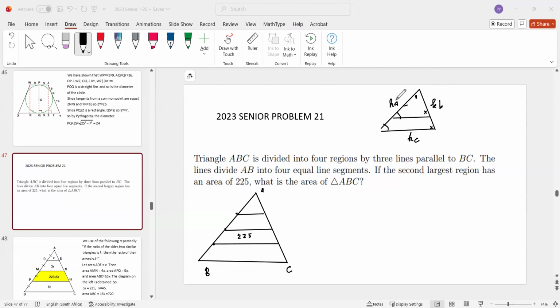Which means that if you call the sides of the small triangle A and B, like that, then this whole thing is kA, and this whole thing is kB.